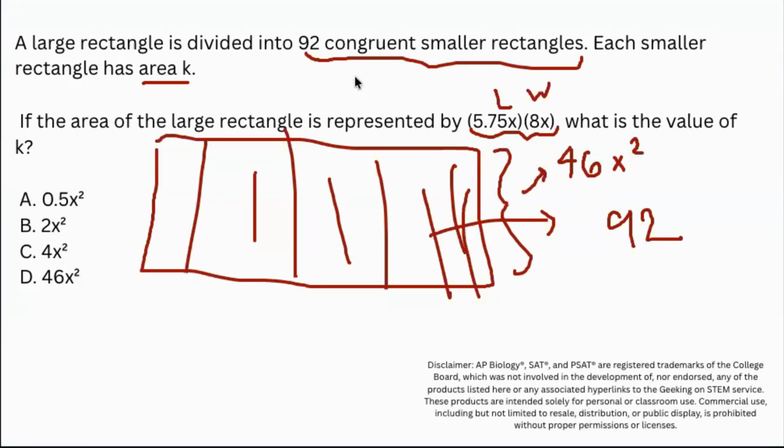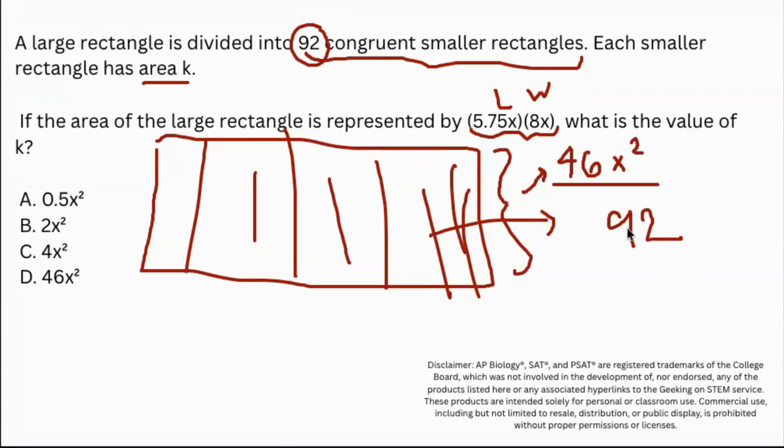And then they let you know that they divided it into 92 equivalent smaller rectangles. So 92 similar rectangles. Think of having a cake and you're cutting it up into even parts. So what essentially happened is you're taking this area and dividing it into 92 equal parts.